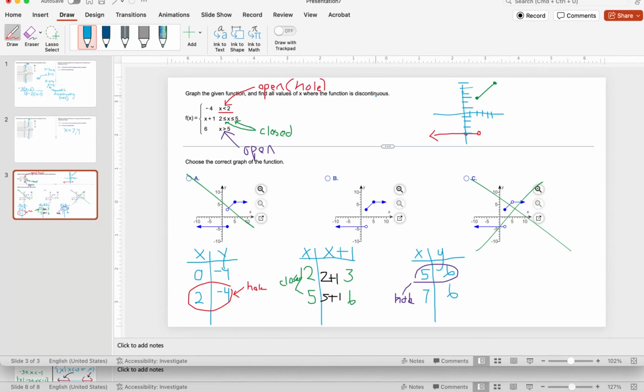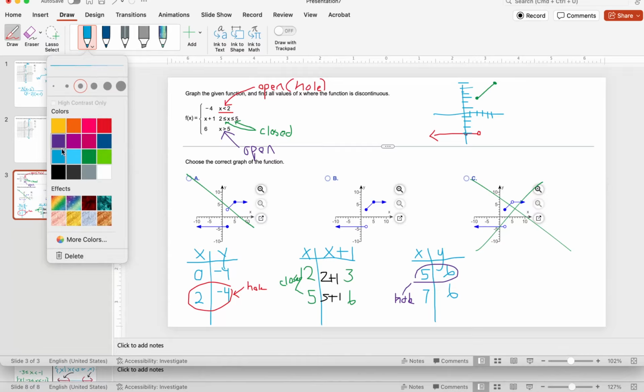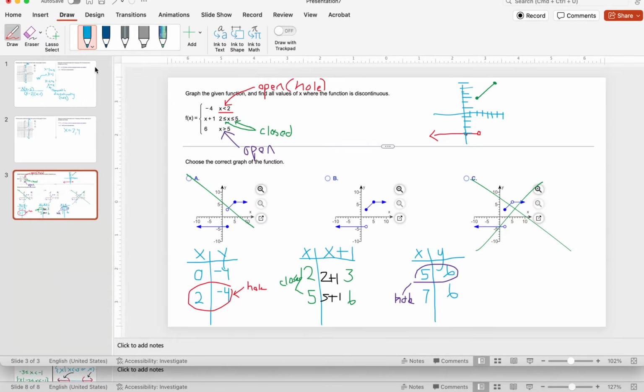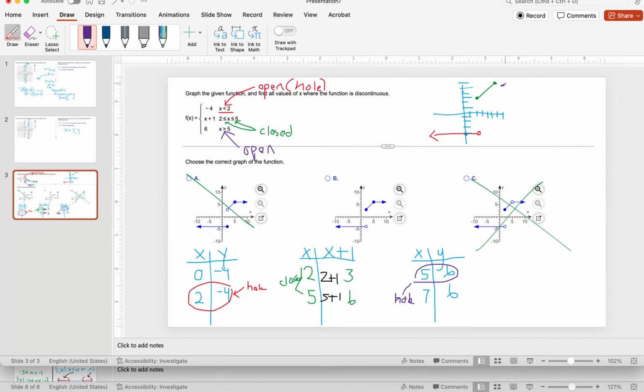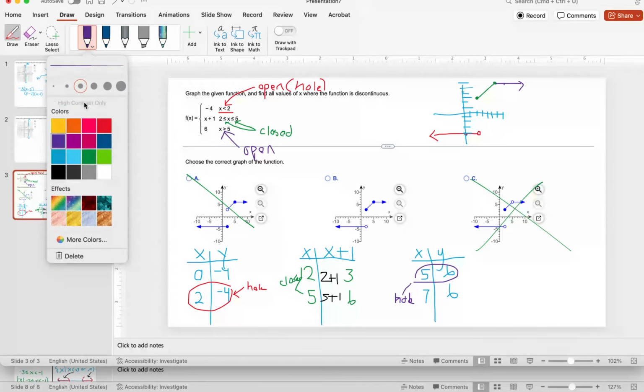Let me do one more point here: 5, 6, 7. And then it just goes like that. Even though that says hole here, this closed point trumps that. Okay.